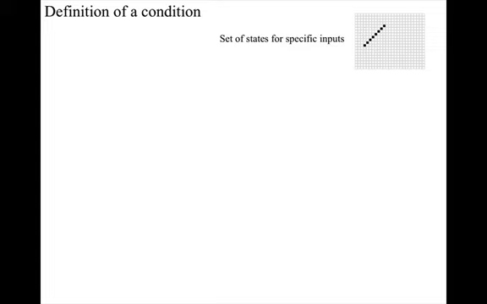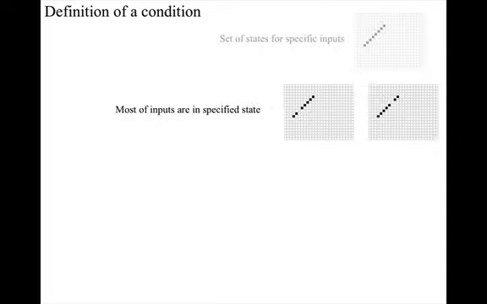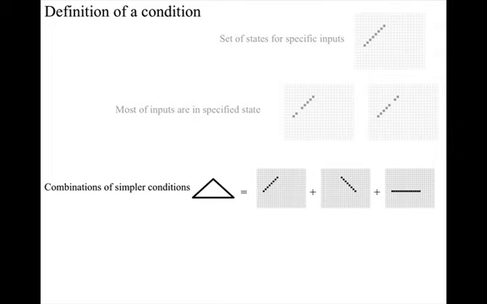A condition can be defined in a way that it's detected even if not all its component conditions are detected, if just a significant proportion are present. For example, the line condition might be detected even if one element was missing, and that could be any element. Then we can go on to define even more complex conditions that are combinations of the complex conditions, like a triangle condition defined by 3 line segments with corners that coincide.